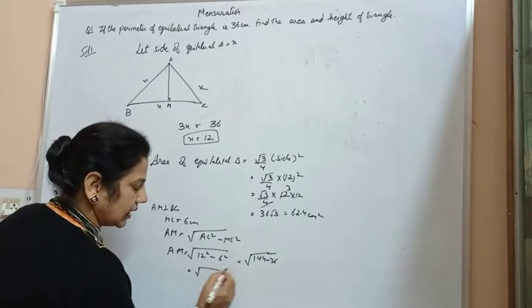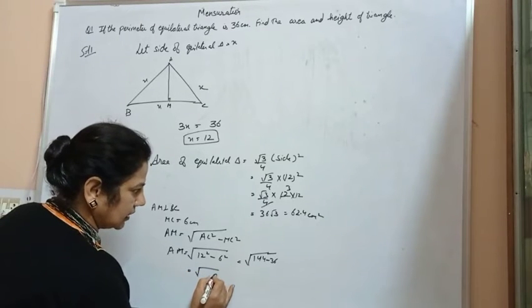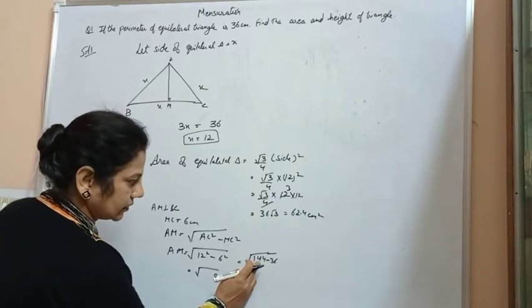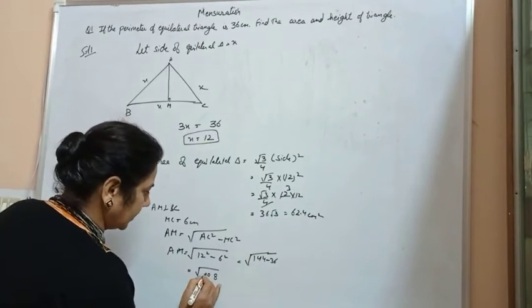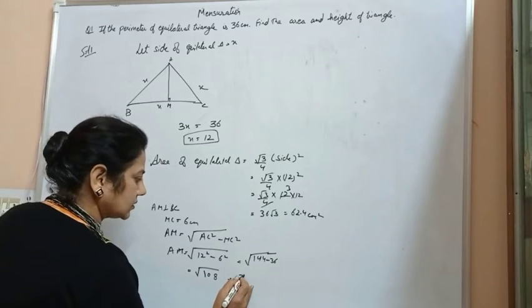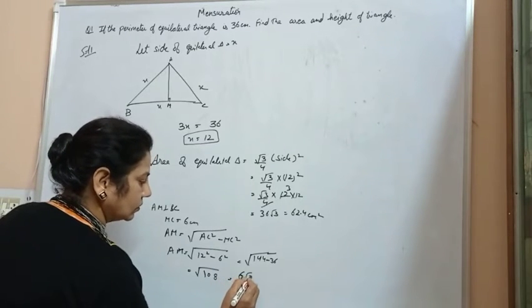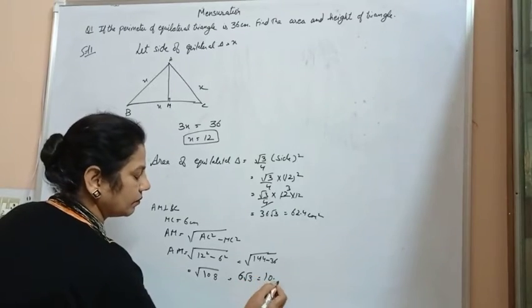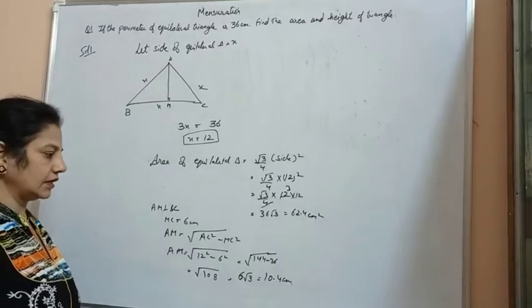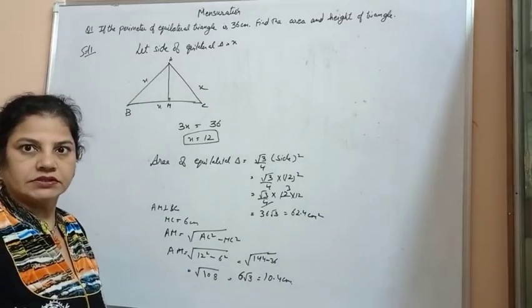This gives me under root 108, which is equal to 6 root 3, which is 10.4 centimeter. So the height of the equilateral triangle is 10.4 centimeter.